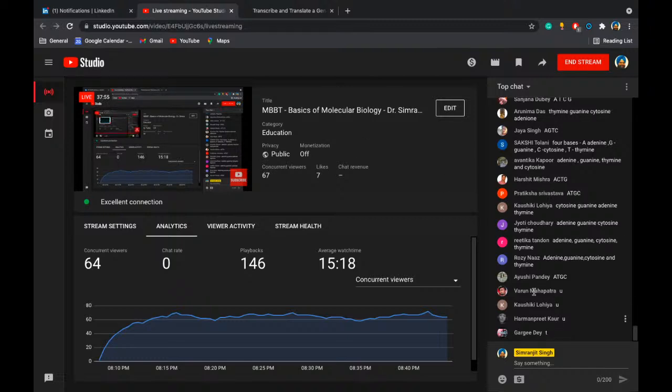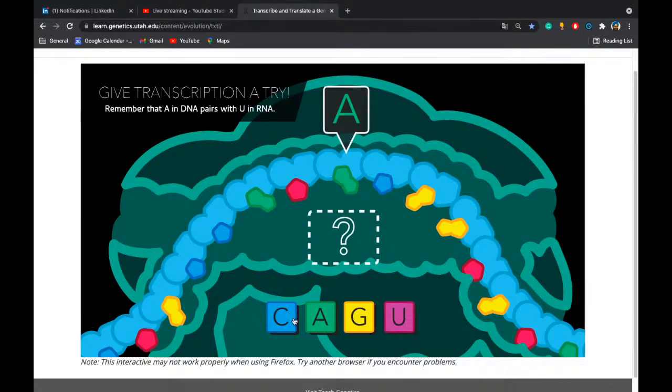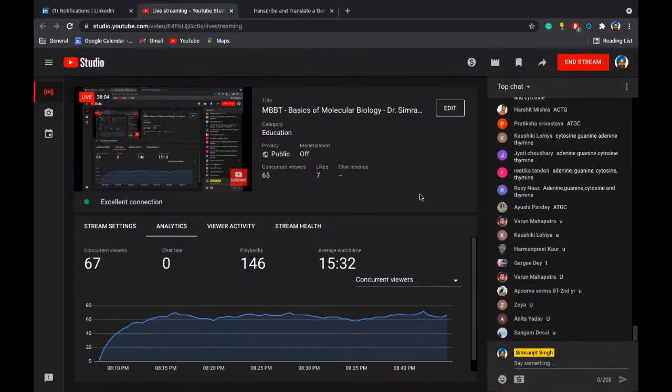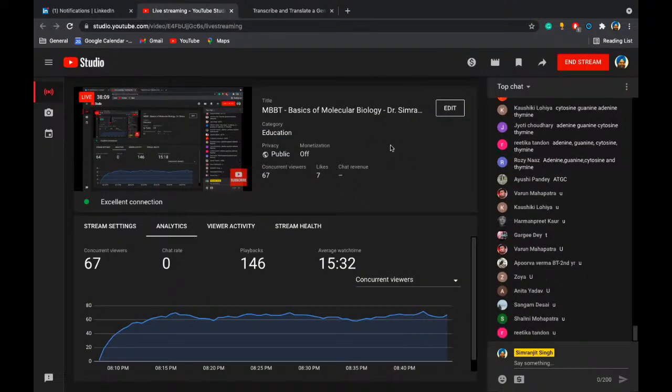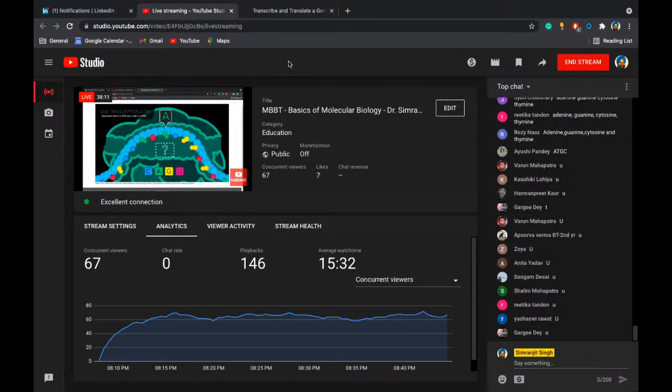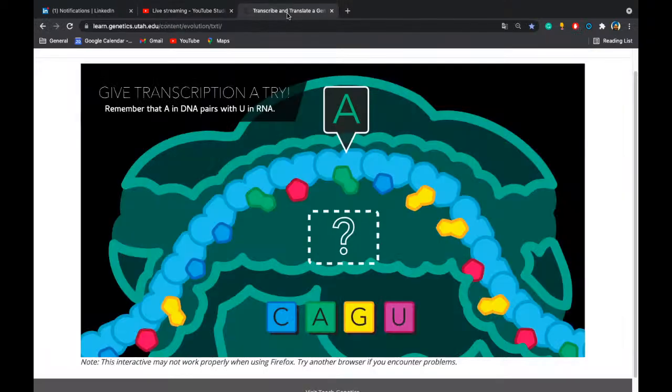Some are saying T here. There's no option of T, because in mRNA T is not there. It's uracil. Yeah, it's U. Great.